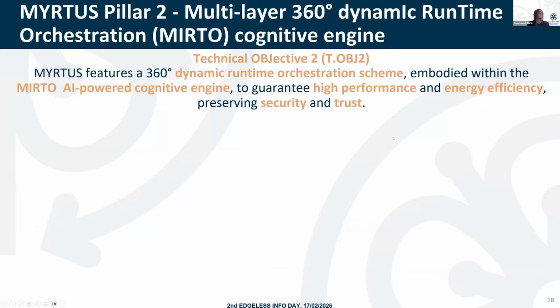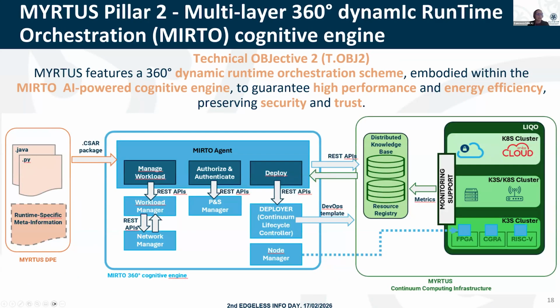We do that by deploying MYRTO, our orchestration agents. The continuous monitoring and observation that are enabled at the infrastructure level allow MYRTO to make informed decisions regarding resource allocation, task scheduling, and system reconfiguration.